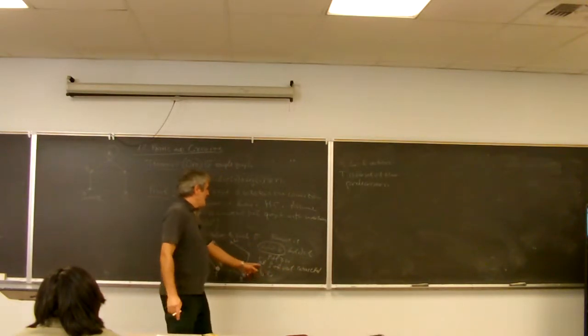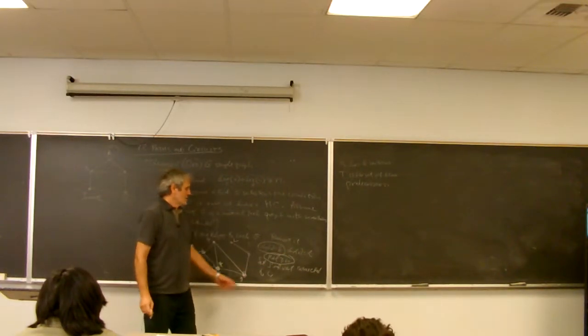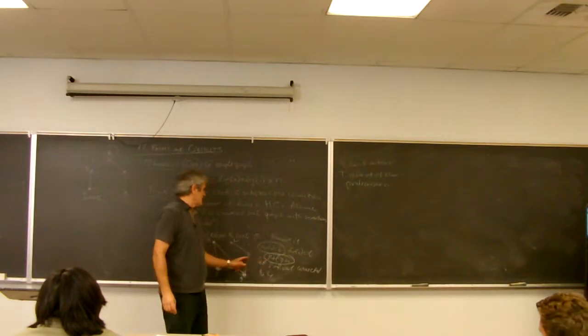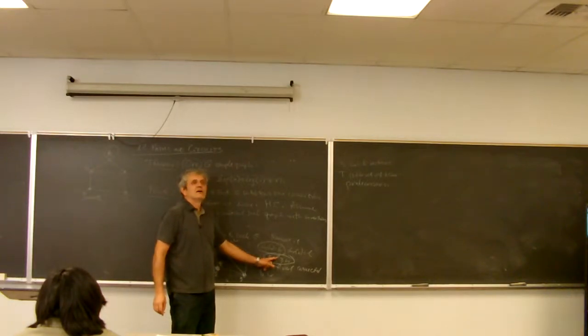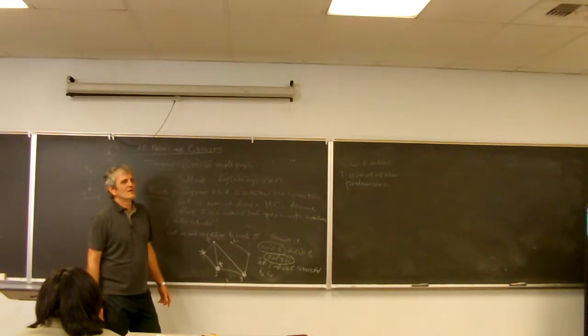L. And K plus L is greater than or equal to N. So, what is this telling you? If the degree of this V is L, how many vertices can you fail to connect to? At most, how many?